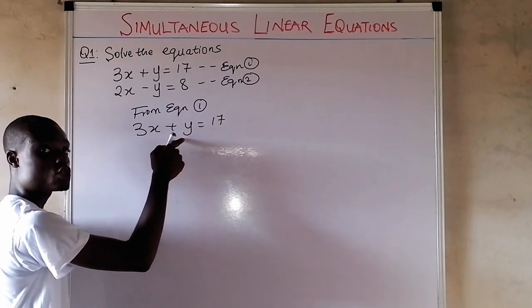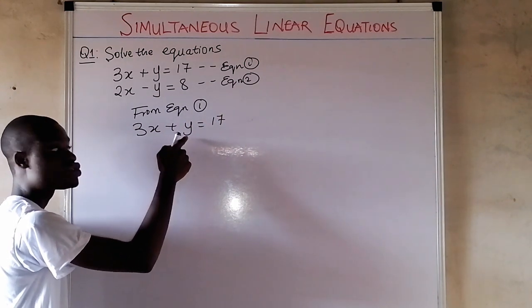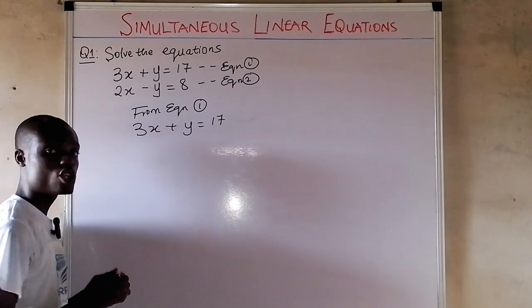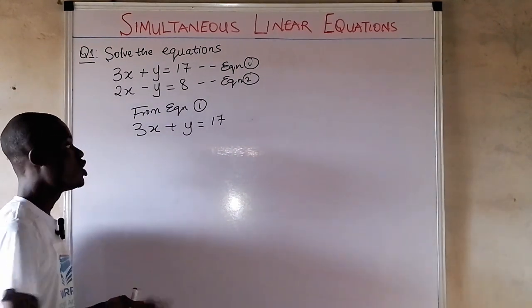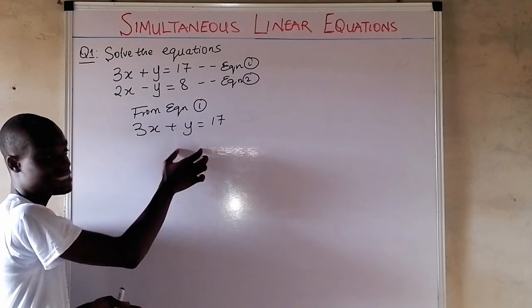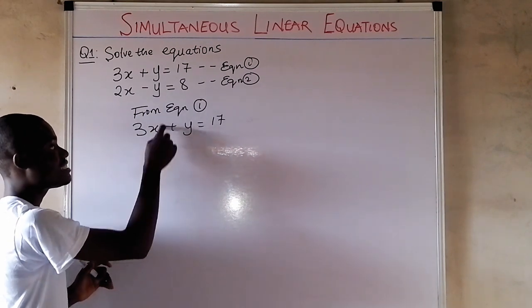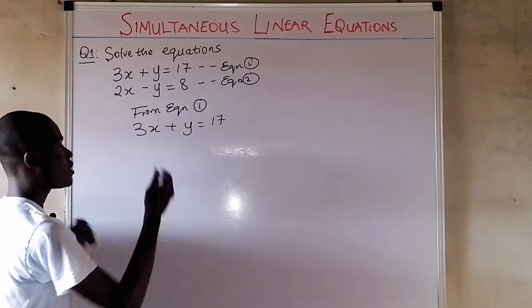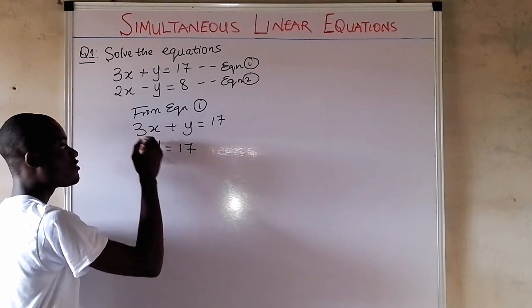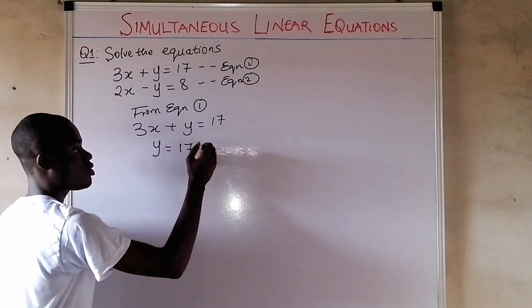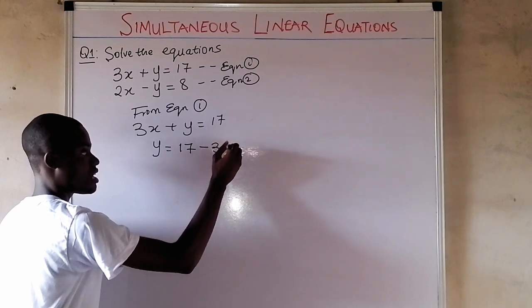I'm going to make y, which has the coefficient of 1, the subject of the formula. And what do we mean by subject of the formula in mathematics? It means that it will stand alone. So y should stay alone on this side of the equation, meaning I'm going to take 3x to the other side. So when I do that, I write that y is equal to 17. If I move 3x to this other side of the equation, it becomes minus 3x.